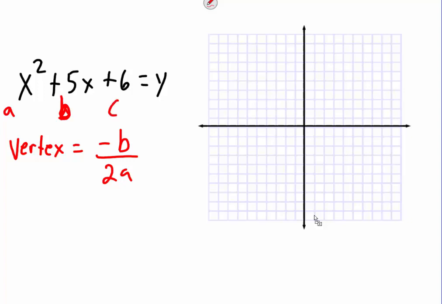So in this case, to find the vertex, that's going to be negative 5 over 2 times 1. We've got to make sure that we understand that that's a 1 out in front of the x squared. So it's 2 times 1. In other words, negative 5 halves. Now, this is our x value.